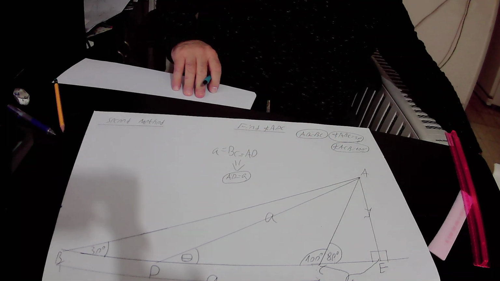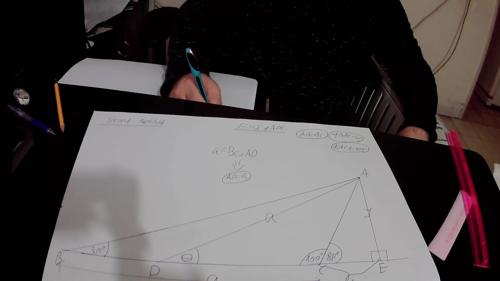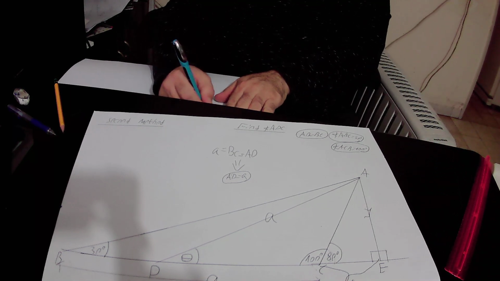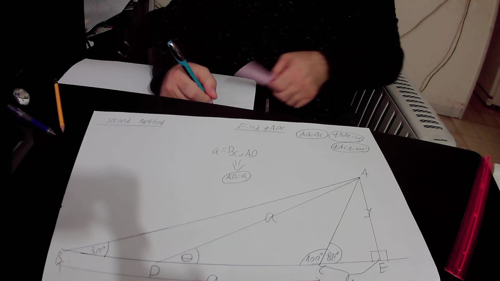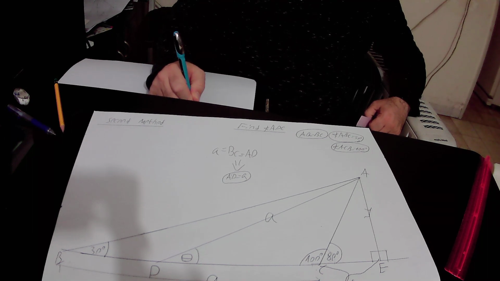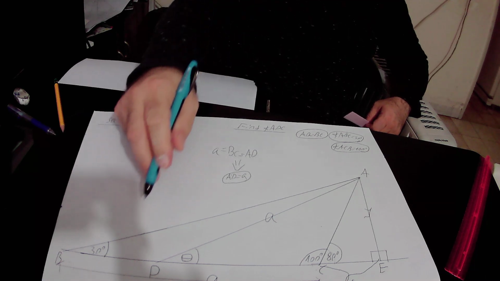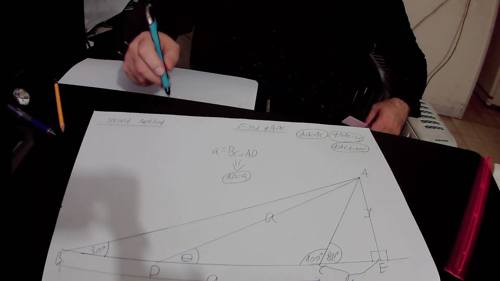On the right triangle, triangle ABE, tangent 30 degrees equals AE over BE.